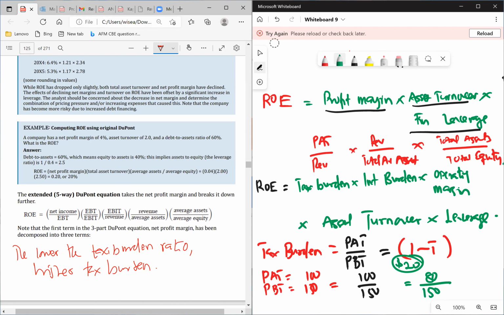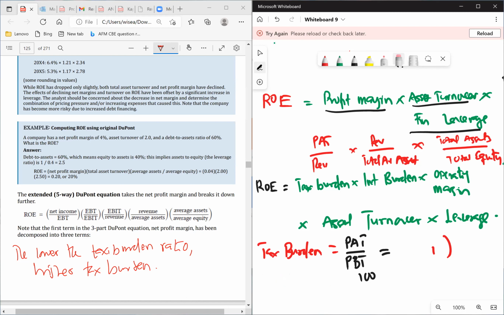The next one is interest burden. In DuPont it is calculated as your earnings before tax over earnings before interest and tax. So how much of your earnings before interest and tax is being consumed by the interest? That one too, the lower the ratio, the higher your interest burden.